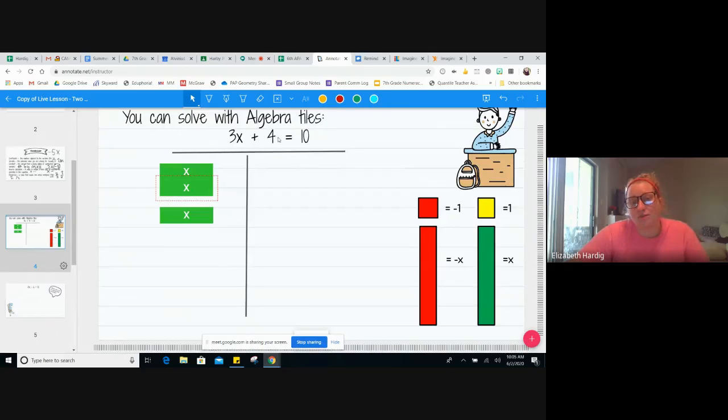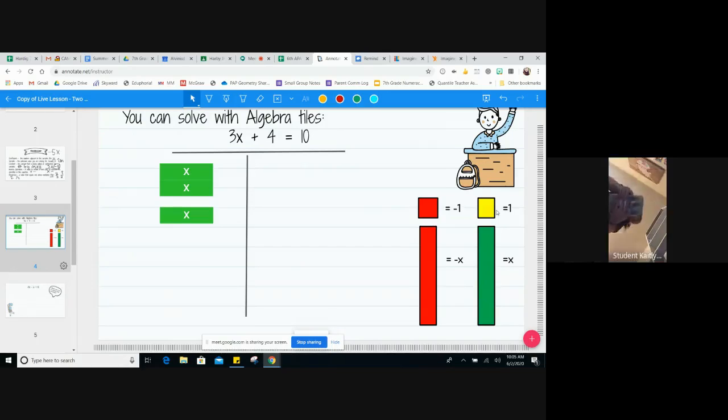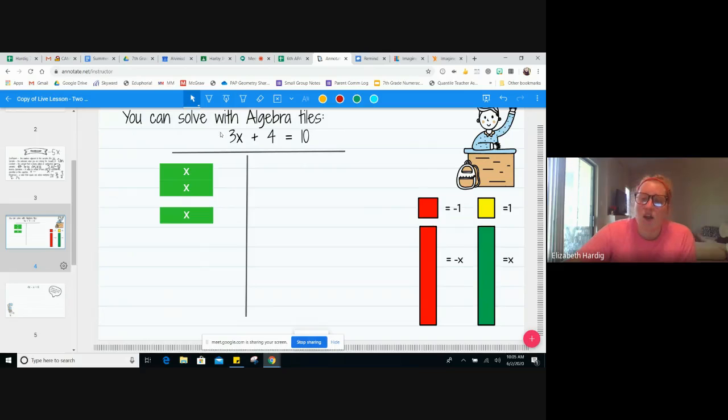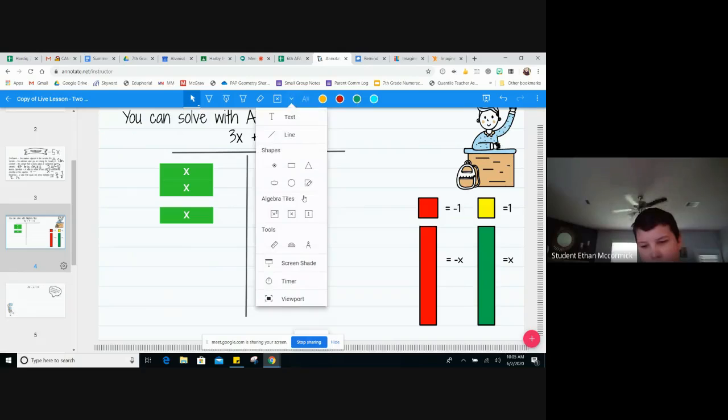And then it's plus 4, so that positive 4 will still be on the left-hand side. So will I need a red or a yellow? Yellow, because yellow is positive. And how many yellows will I need? 4. Good.